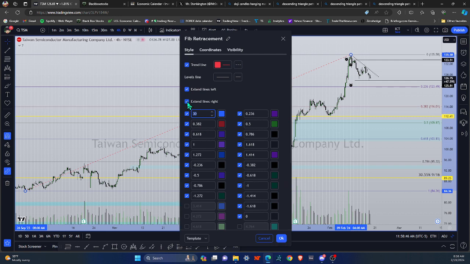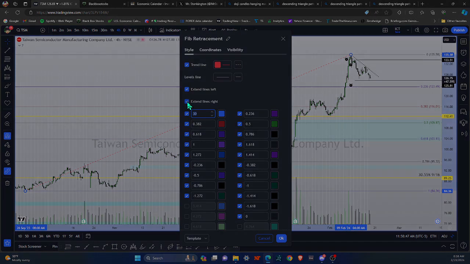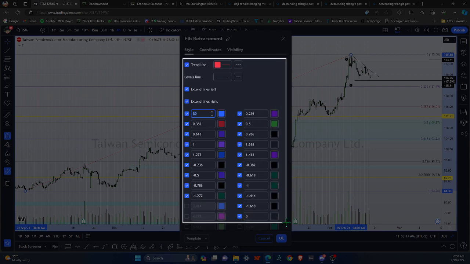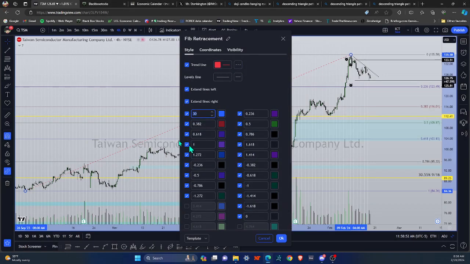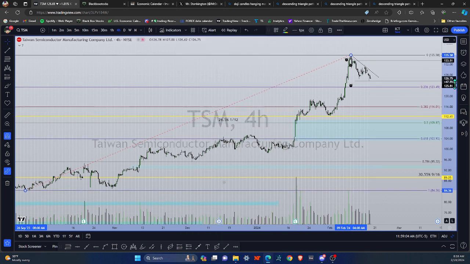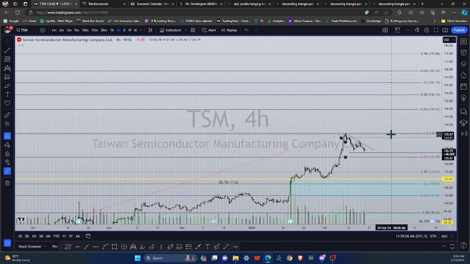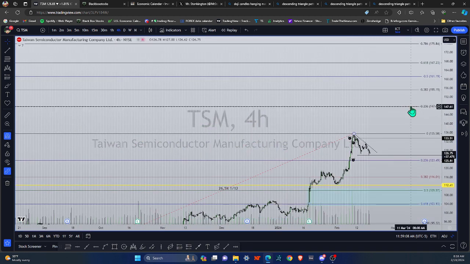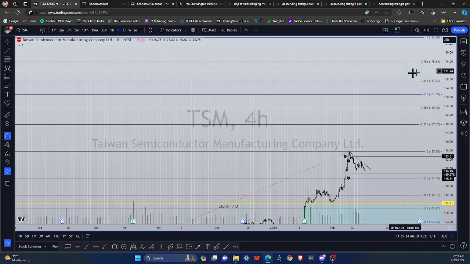So I have my own usual settings, and then added a couple: the usual 786, 618 retracement, and then some negative ones, like the 1.41, which is basically just projecting further out past the usual ones you would see, 236, 382, 0.5, 618, 786.